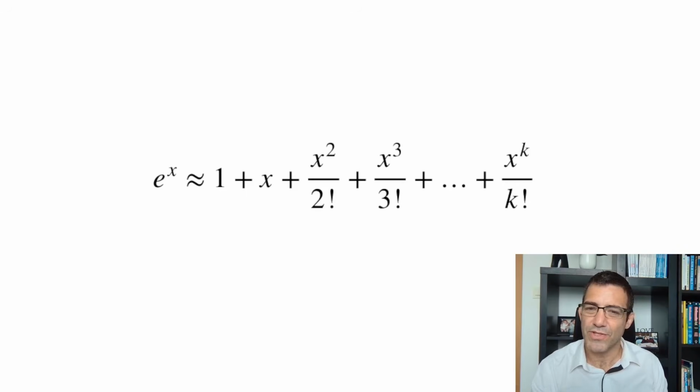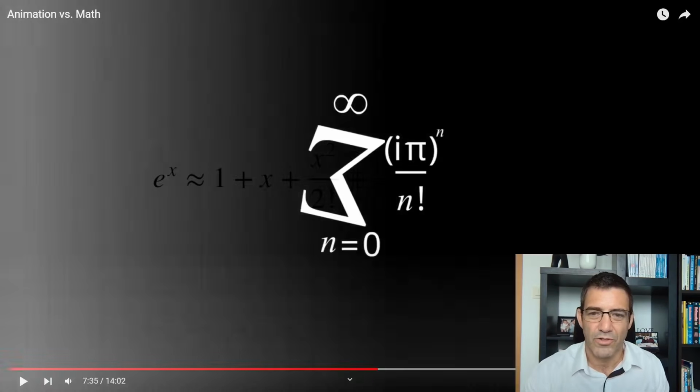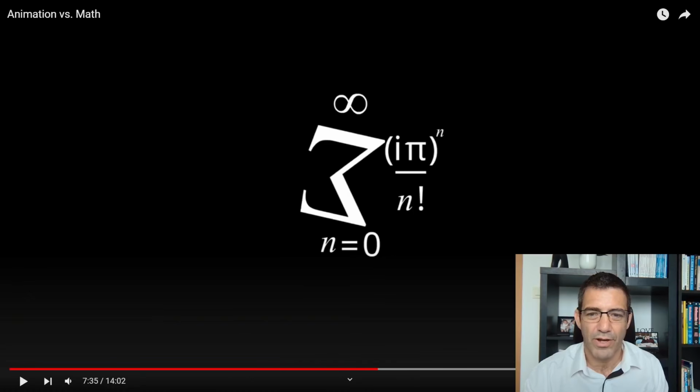Now, it is interesting to note that e to the x does have a Taylor series expansion, which is 1 plus x plus x squared over 2 factorial plus x cubed over 3 factorial, and so on and so forth. So when you have a Taylor series expansion, if we go back to the one in the video, notice here that we have I pi to the power n over n factorial.